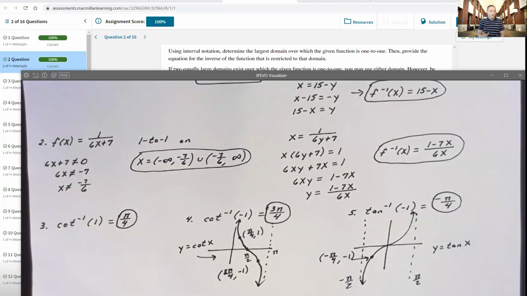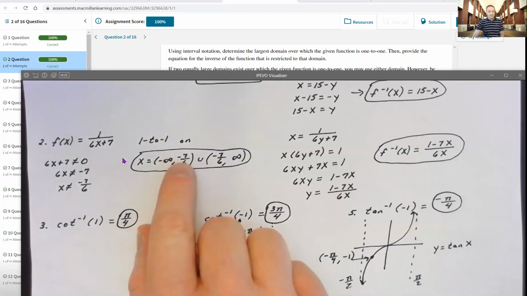Anytime the factor in the denominator that causes the vertical asymptote is to the first degree, you're going to have opposite behavior on each side of that vertical asymptote. So without even graphing it out, I know that this function is one-to-one on the entirety of its domain. Now, again, if you would prefer to graph it out to see that, you certainly could.